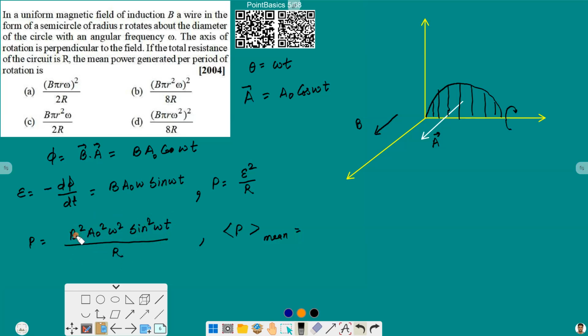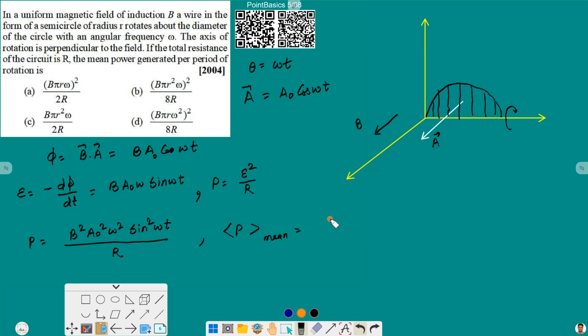And here B is constant, A naught is constant, omega is constant, resistance is constant. Only this term sine square omega t changes due to the rotation, as the angle between B and A keeps on changing. We know that the average or mean value of sine square omega t is half.